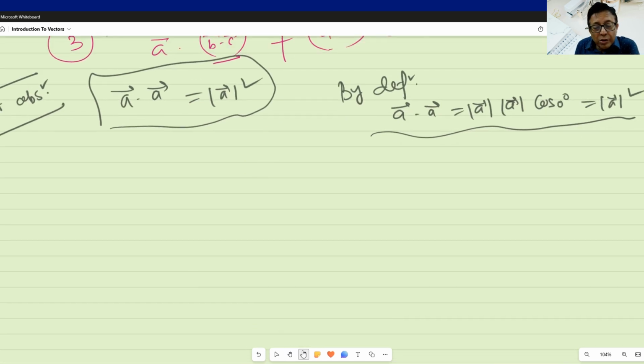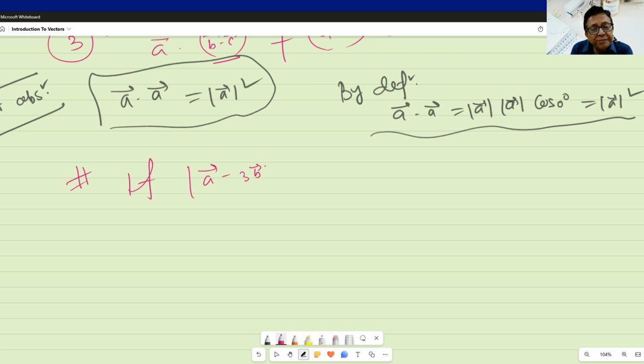Now let us solve one very simple problem here. If mod of (2a minus cb) equals mod of (2a plus cb), I make it a bit more complicated, show that a is perpendicular to b.